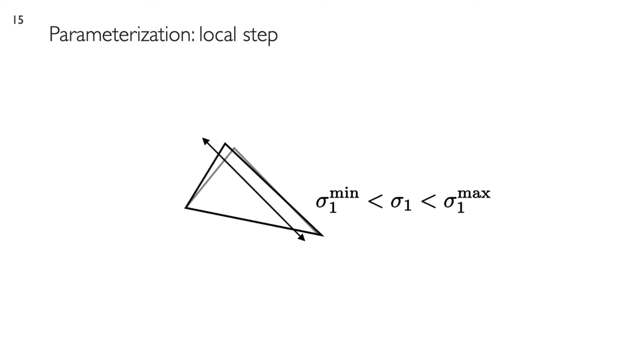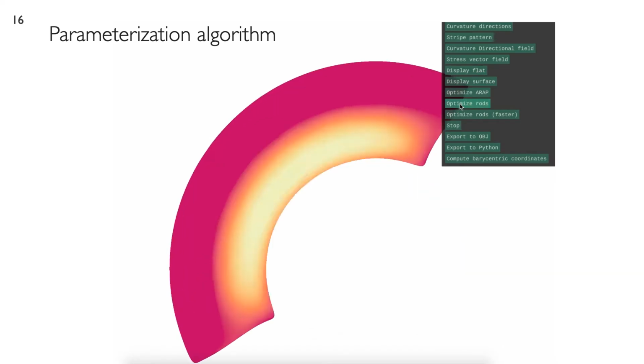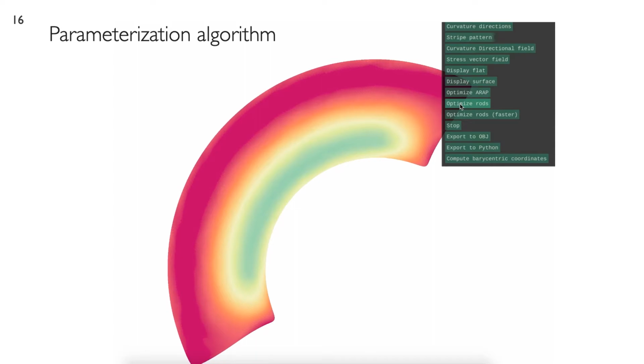So we find the best matching stretch values in the two orthogonal directions. One advantage of this type of local global approach is the very fast convergence rates that we can get. The local step can be computed in parallel and implemented on the GPU, which means that on this example, it will only take a few seconds to converge.